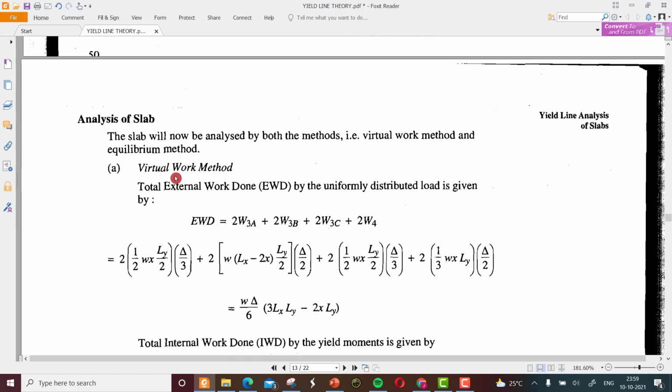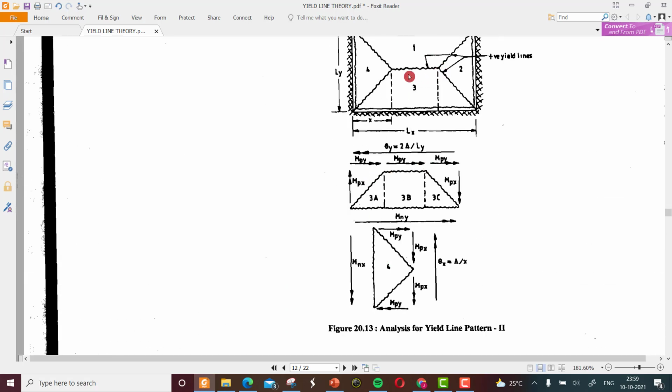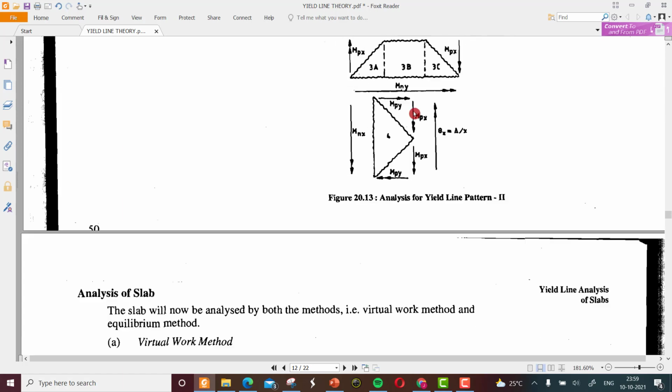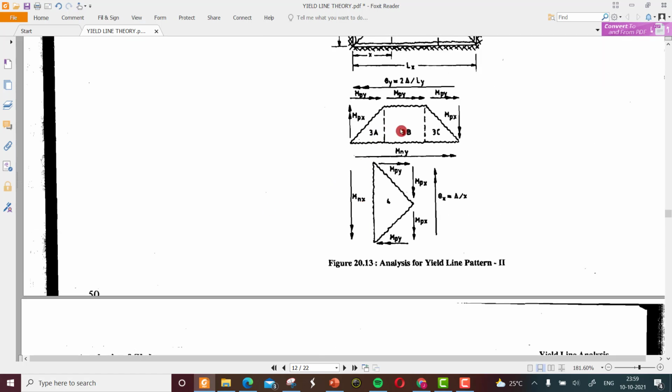In the case of virtual work method, the total external work done by the uniformly distributed load is given by, so we have divided the entire slab into four segments, two identical, and is equal to 2 into work done by 3A. So this is 3A, 3B, 3C.